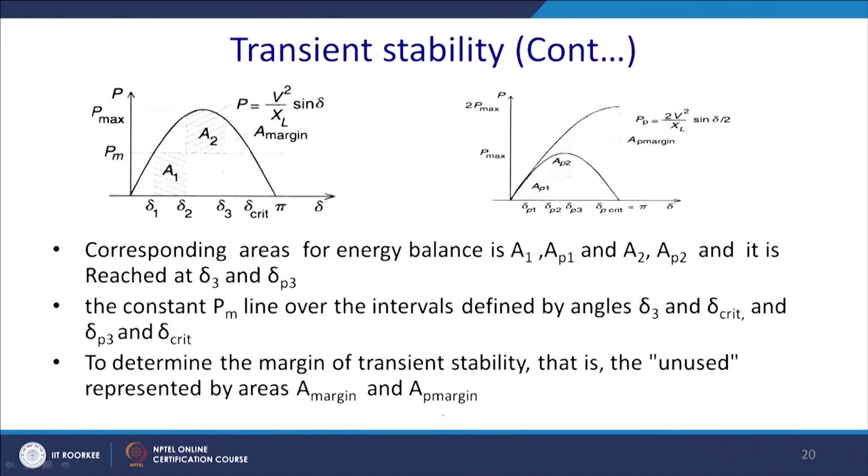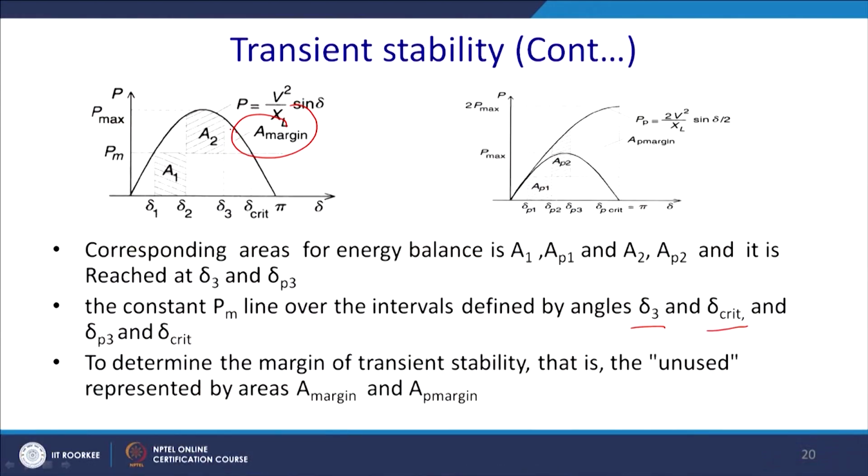The areas corresponding to the energy balance are A1 and A2, and with the FACTS devices it is AP2, where it reaches delta 3 and delta P3. The constant Pm line over the intervals defined by the angle delta 3 and delta critical determines the margin of the transient stability, that is, the unused area, represented as the area of margin.